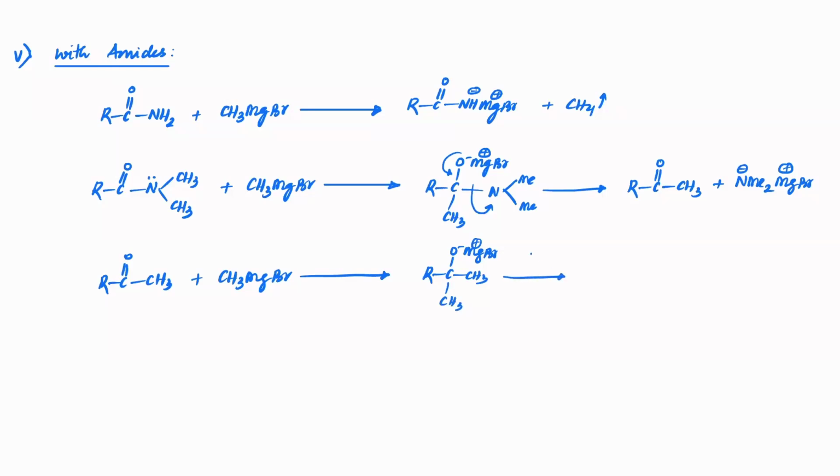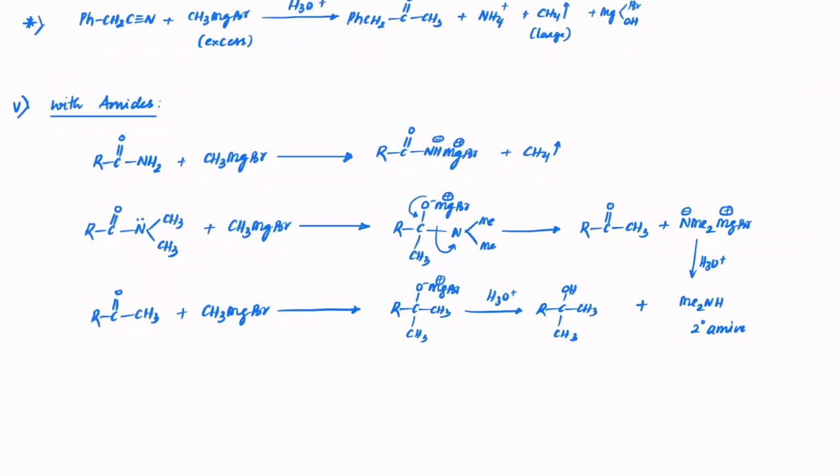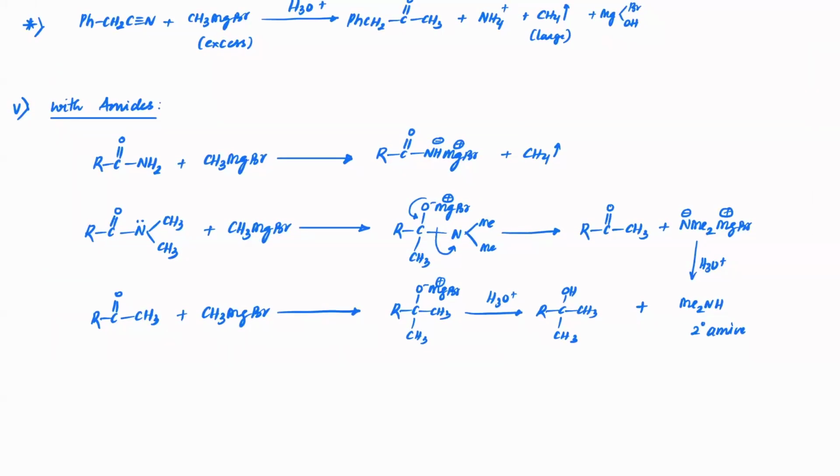Then on hydrolysis, it will convert into a tertiary alcohol, and the nitrogen containing compound will convert into a secondary amine, Me2NH, which is a 2-degree amine. So 2-degree amine and alcohol are the products you will report. This is very similar to that of acid chloride. So acid chloride, acid anhydride, amides, they all have very, very similar reactions. Got it?